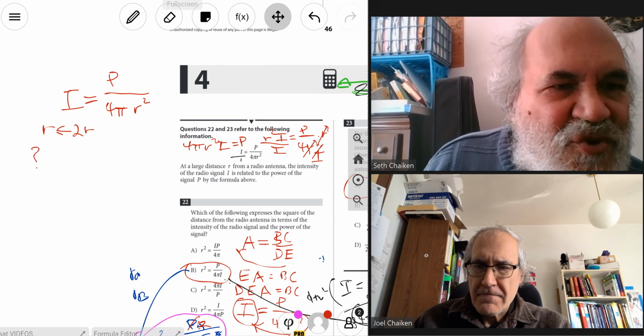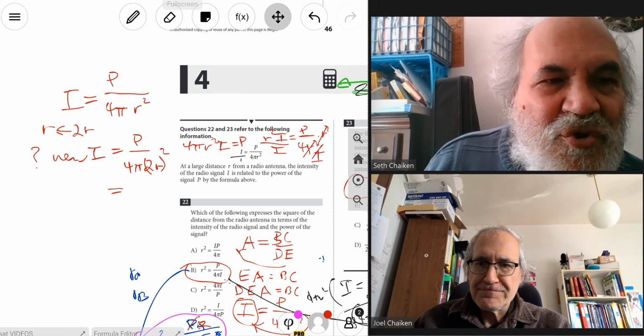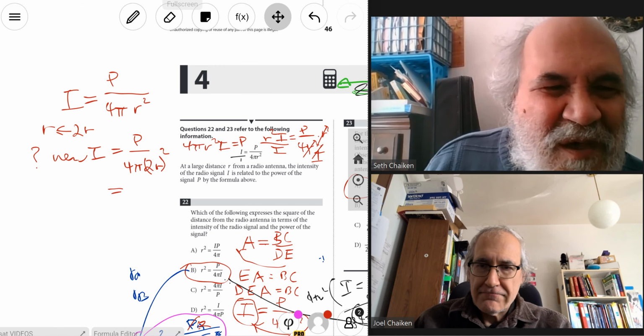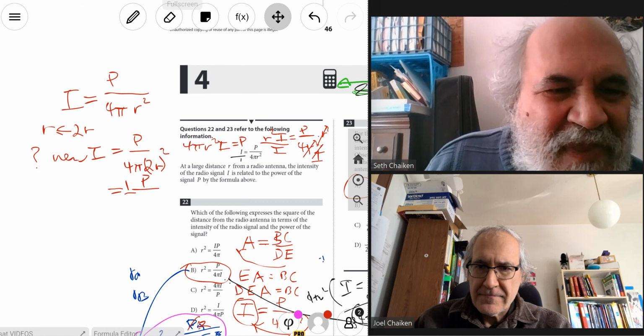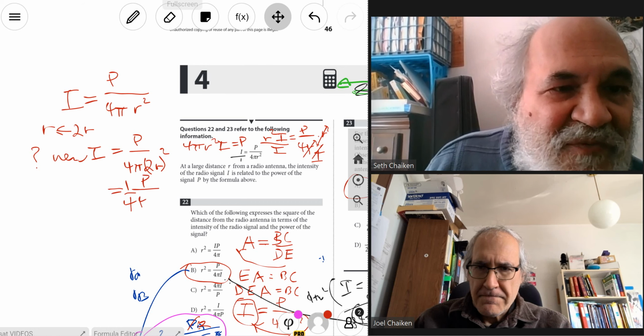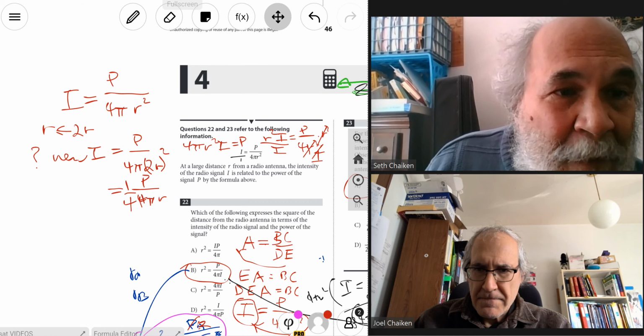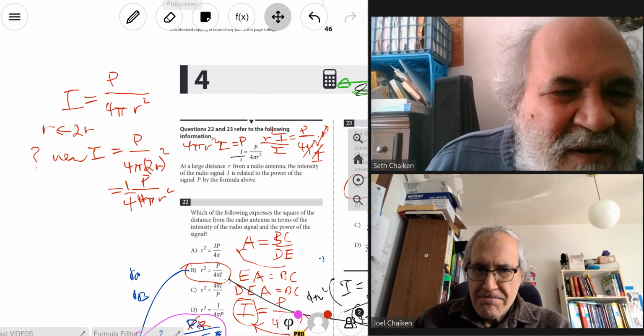Well, the new I equals P over 4 pi times 2r squared. That's right, the 2 is squared. And so let's factor out the square of 2 and get 4 times 4 pi r squared.